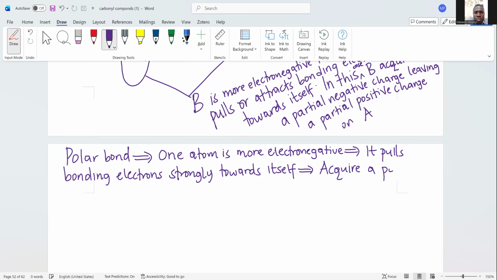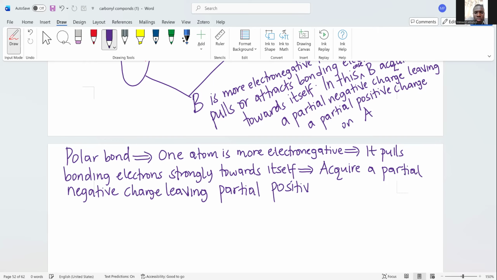a partial negative charge, leaving a partial positive charge on the other atom.